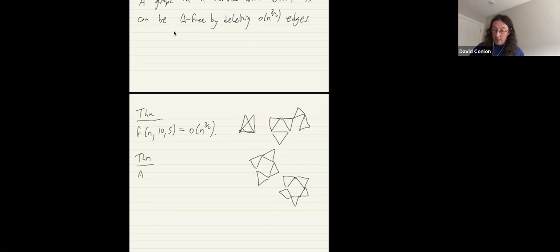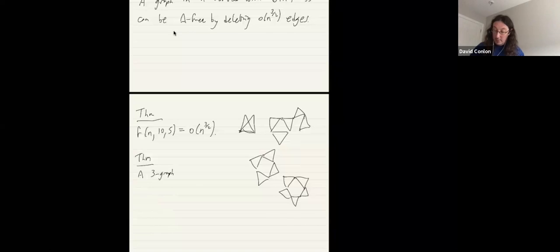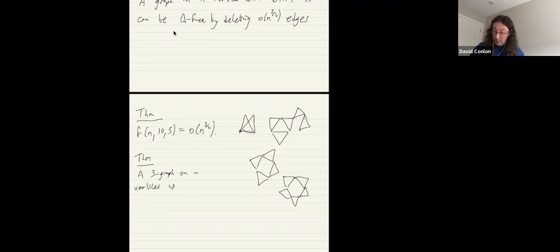A 3-graph on n vertices with girth greater than 5 contains little o n to the 3 halves edges.